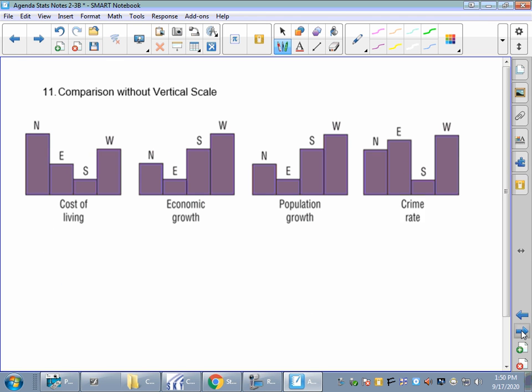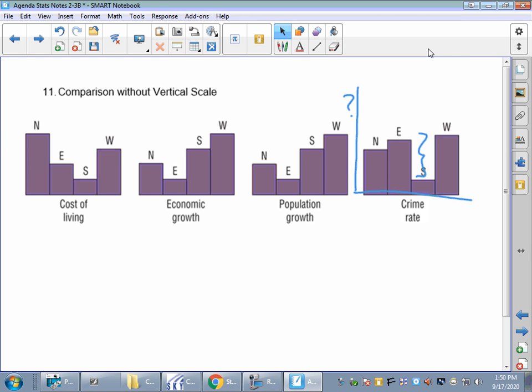And this one does not have a vertical scale. I don't even know what the y-axis is. Right? That's a big question mark. I have northeast, south, and west, and crime rates and other things, but I don't know what that is. Is that percentages? Is that raw data? I can't really compare things. I don't know how great of a difference this is without having some sort of label.